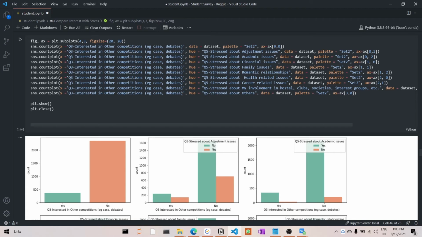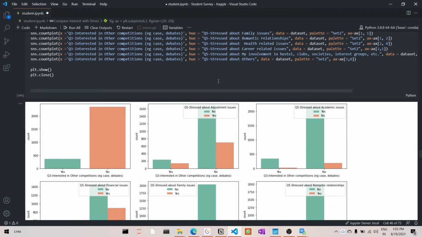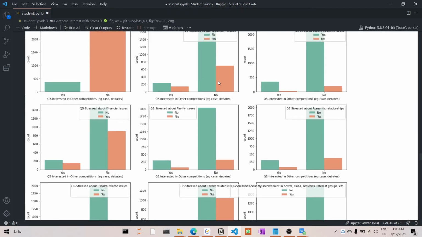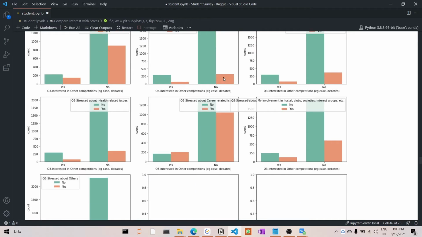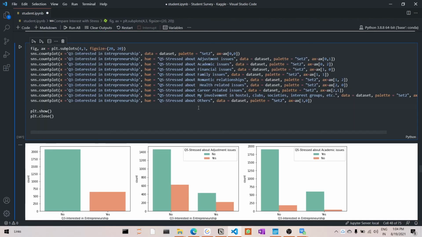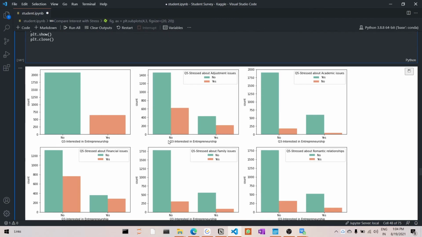Then the next question is interested in other competition and the stress count. Then we are going to compare the interest in entrepreneurship against the stress count. And here you can see most of the answers are no. So most of the students are not interested in entrepreneurship.